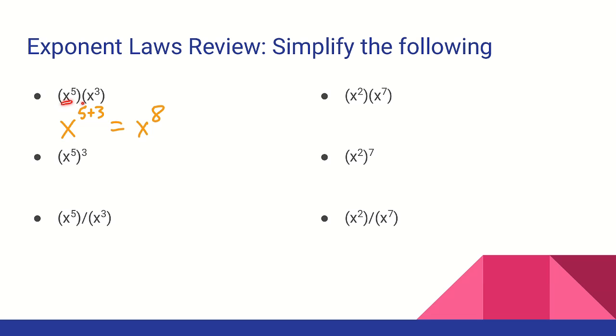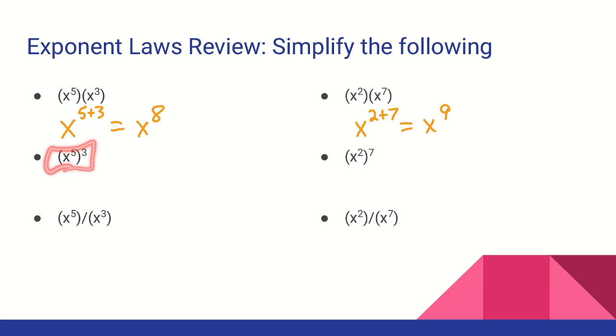So you have to have the same bases, multiplying them, and you then combine them together where you add the exponents, all right? And in this one, that's the same rule. So it's going to be x to the 2 plus 7, which is x to the 9th.